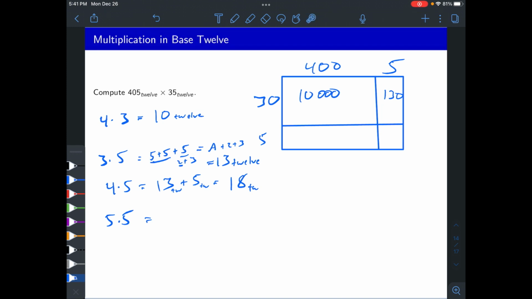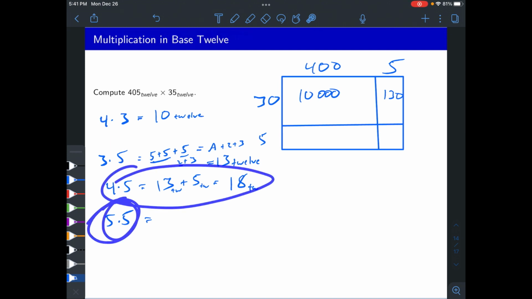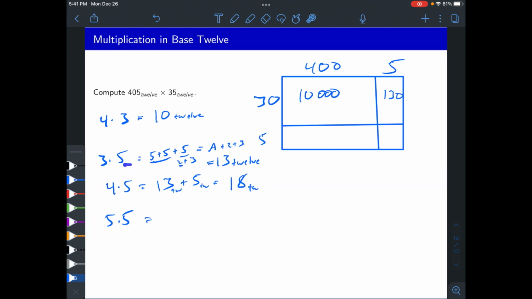All right. I can actually leverage that information right here as well, because 5 groups of 5 compared to 4 groups of 5, well, this is just one more group of 5. So 18 base 12 plus another 5 base 12.